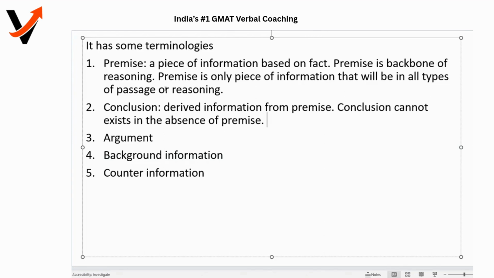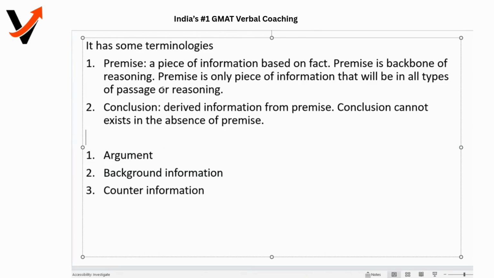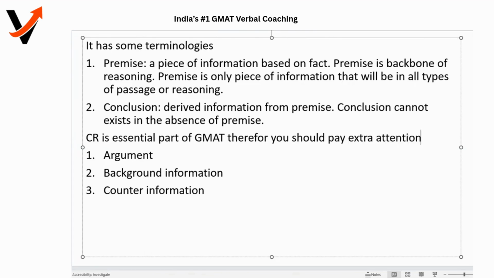Now, example: CR is an essential part of GMAT.